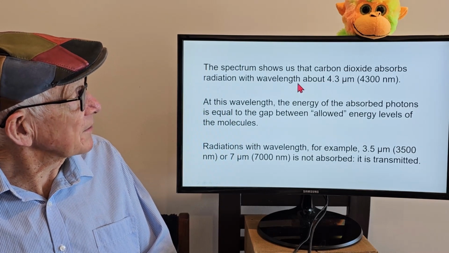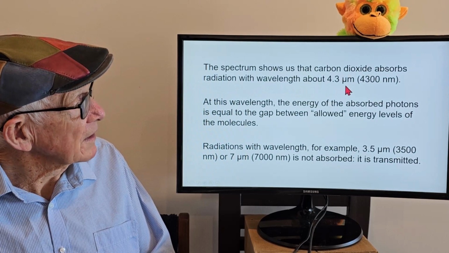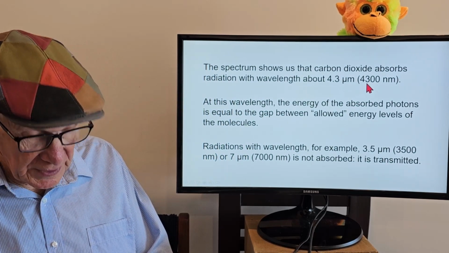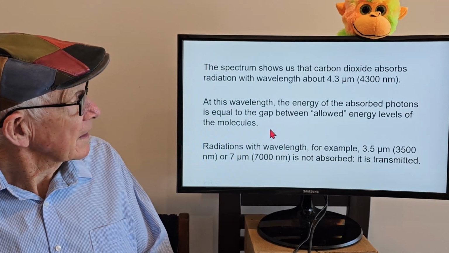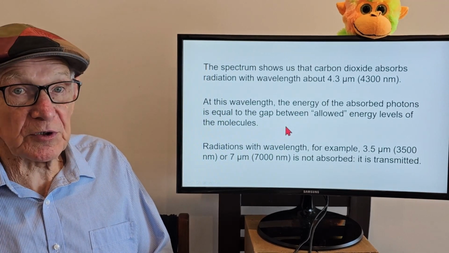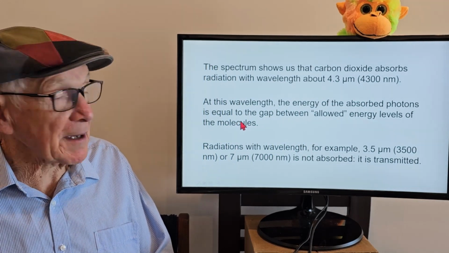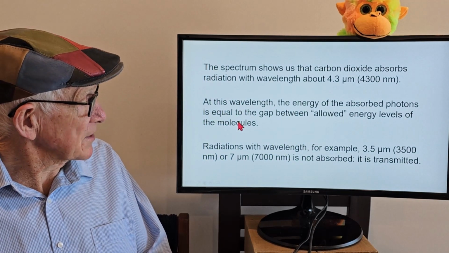So carbon dioxide absorbs radiation with a wavelength of about 4,300 nanometers. That's in here. At this wavelength, the energy of absorbed photons is equal to the gap between the allowed energy levels.